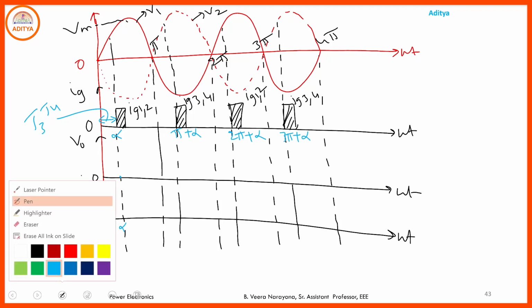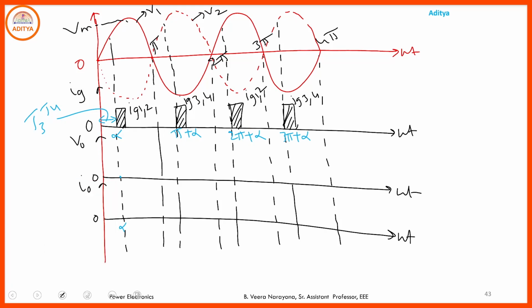You draw the output waveform like this. This is the output current, which is continuous and constant. So this is I2, which is equal to I0. At alpha, T3, T4 are the outgoing SCRs, and T1, T2 are the incoming SCRs.